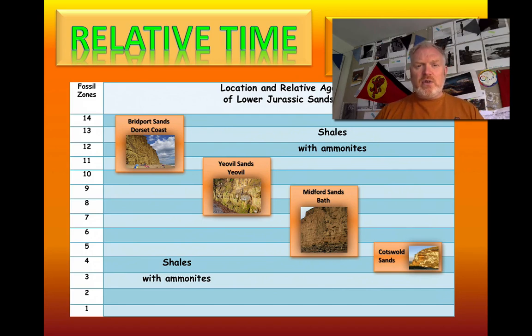These sandstones were laid down in the Jurassic. Because of this, we've got some really good zone fossils in a type of cephalopod we call an ammonite. Now we can divide the Jurassic up in a very detailed way using different ammonites. And those are shown on the left in those different fossil zones.